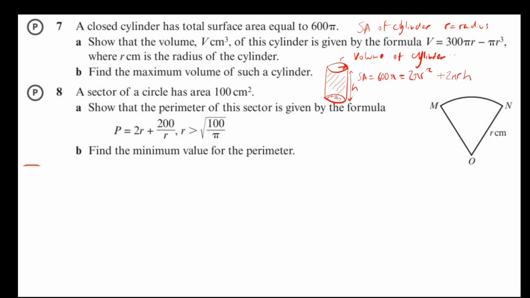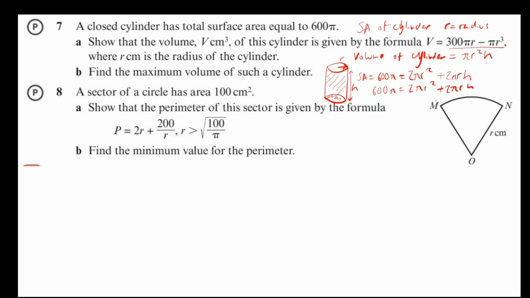Now the volume is pi r squared H, right? That's the cross section by its height. So we've got 600 pi equals 2 pi r squared plus 2 pi r H. And it says, show that the volume is given by this, so what do we need?